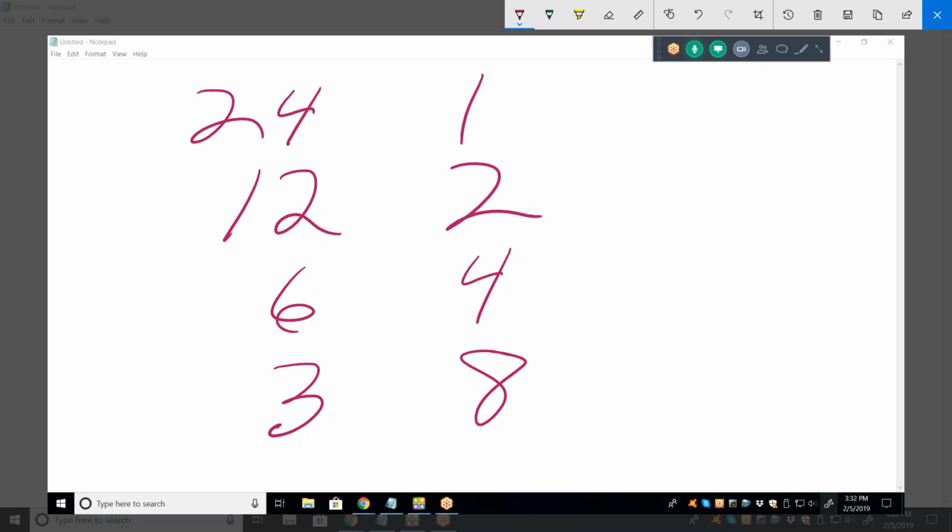But if you follow this methodology all the way down, where you just keep cutting stuff in half until you can't cut it in half anymore, and then you can cut it in thirds, or fifths, or whatever, you'll find all of the factors. And you have to go through both sides. Sometimes you'll find another set of factors by trying to cut this in half.